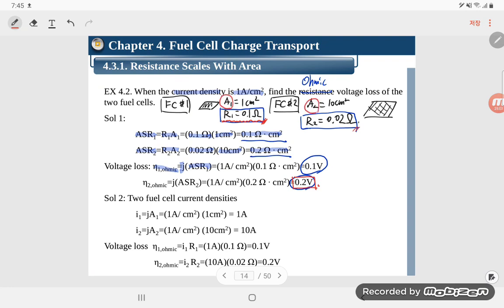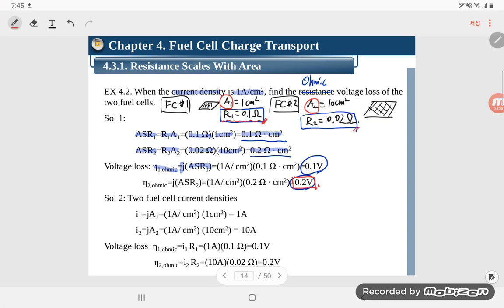Under the same condition, the current density is a very important concept here. So we should take the area into account for the evaluation of each fuel cell system.